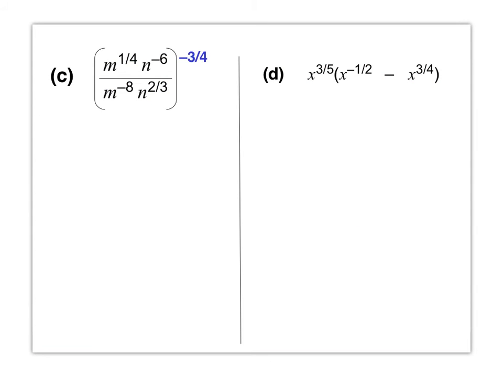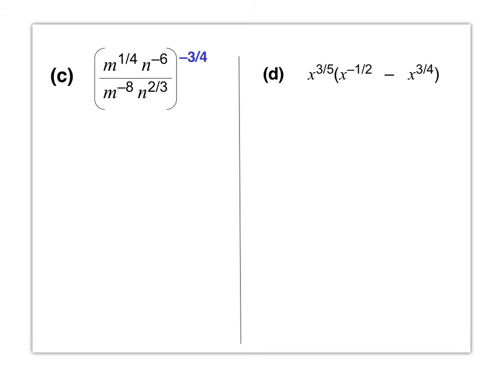All right, let's simplify part C of this problem. We have the entire quantity m to the 1/4 times n to the negative 6, all divided by m to the negative 8 and n to the 2/3 power. This entire fraction is raised to the negative 3/4 power. So what we can do first is distribute that exponent to all of the terms in the fraction.